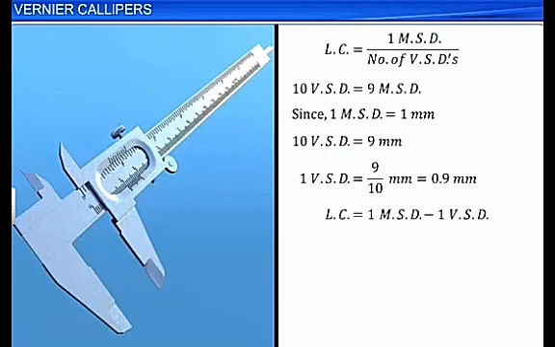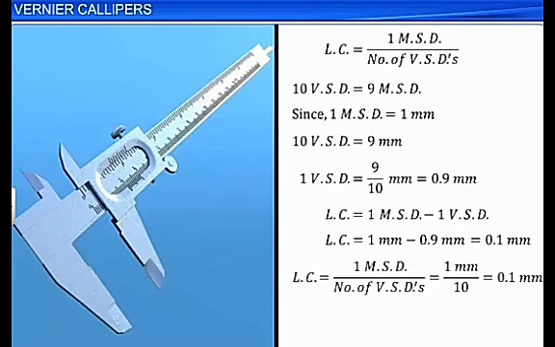Thus, the least count is equal to 1 millimeter minus 0.9 millimeter, which is equal to 0.1 millimeter. In another way, the least count is equal to one main scale division divided by the number of vernier scale divisions, which is also equal to 0.1 millimeter.